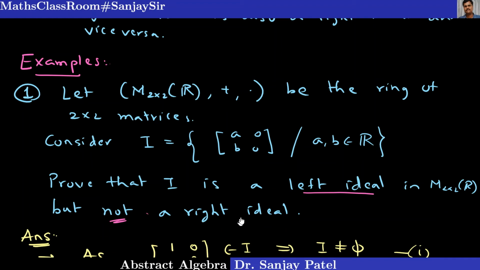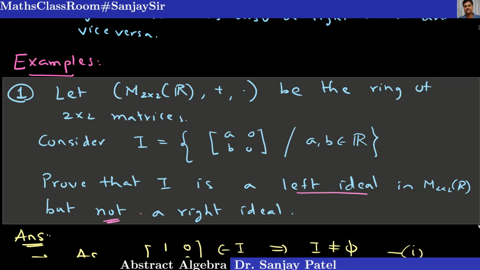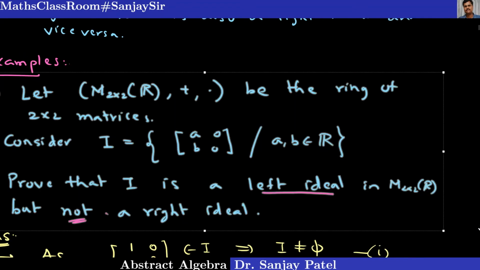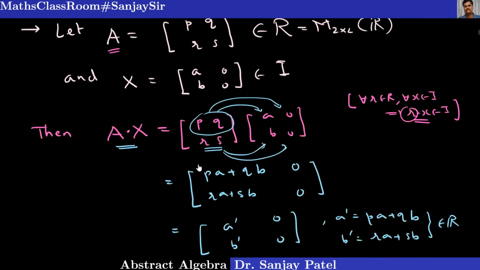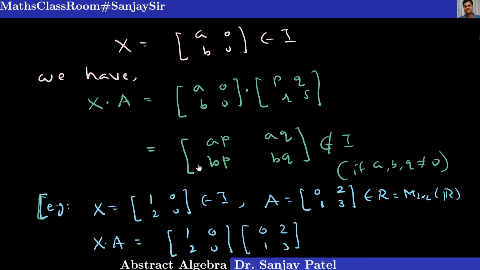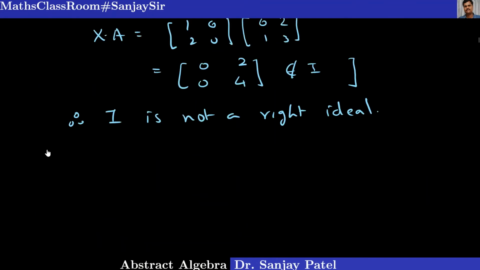Okay. Let us take another example of a set which is a right ideal but not a left ideal.